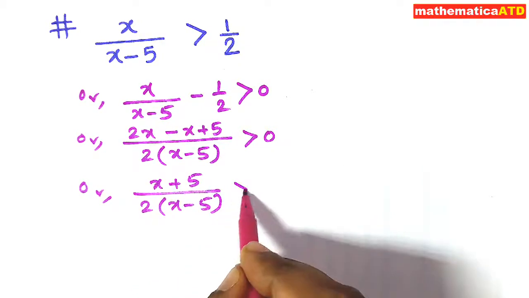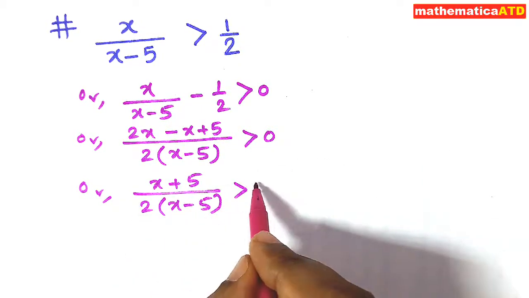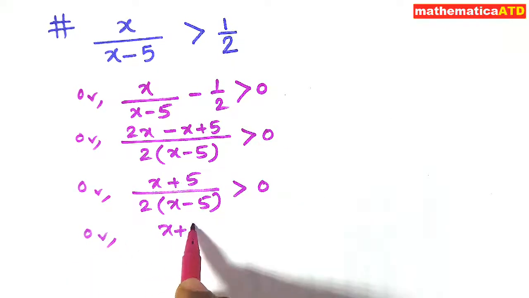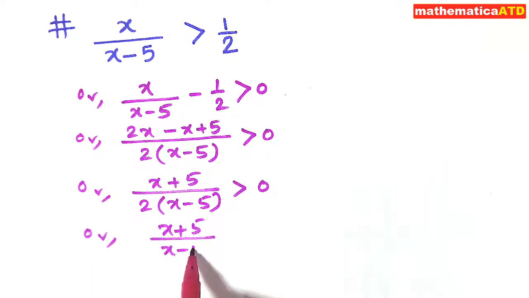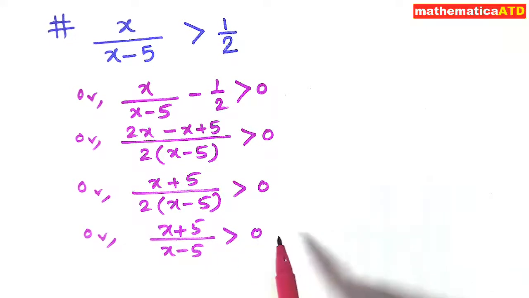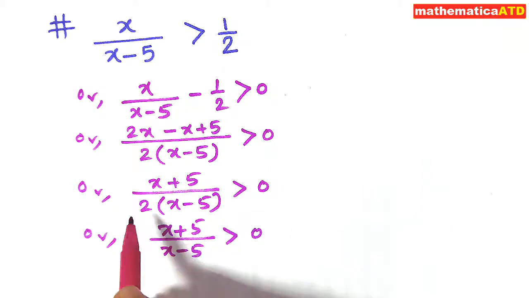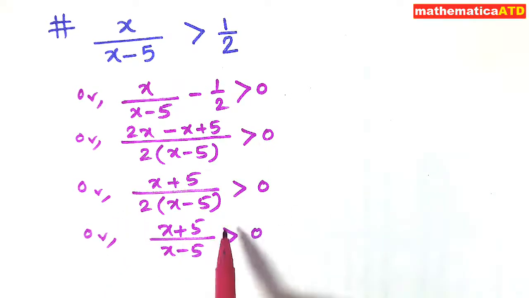Now friends, we multiply both sides by 2, positive 2. So it will be (x + 5)/(x - 5) > 0, because we are multiplying both sides of this inequation by a positive quantity. For this, the inequation sign will not be changed.